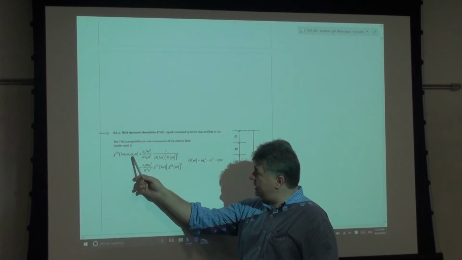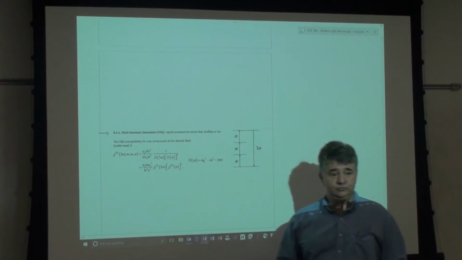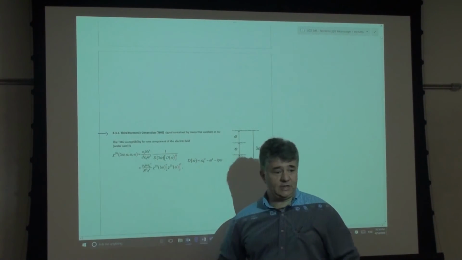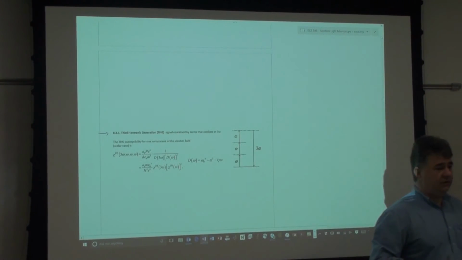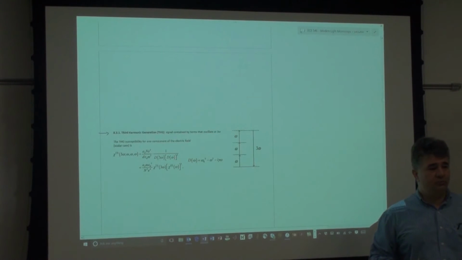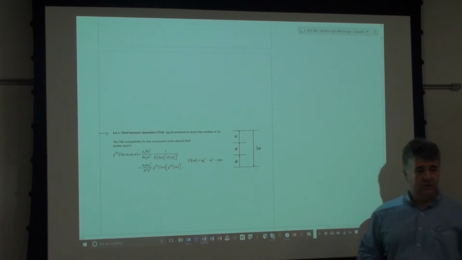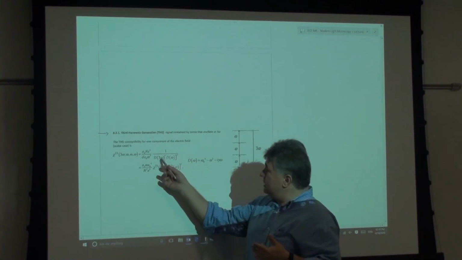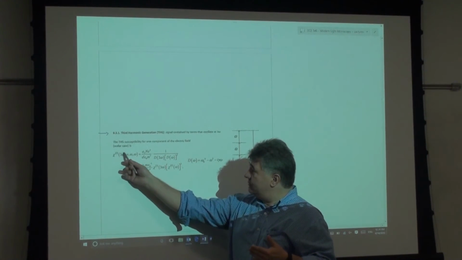I put omega in. So this could be degenerate. It doesn't have to be electric field along X at frequency omega and then another one along Y and another one along Z. It could be just one beam, right? That comes in at frequency omega, comes out at frequency 3 omega.